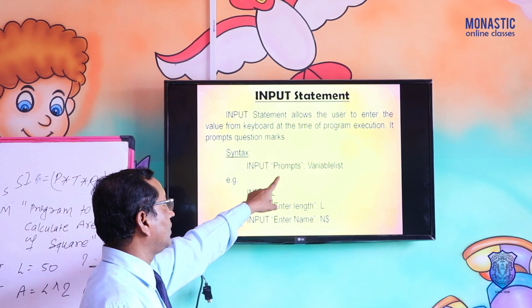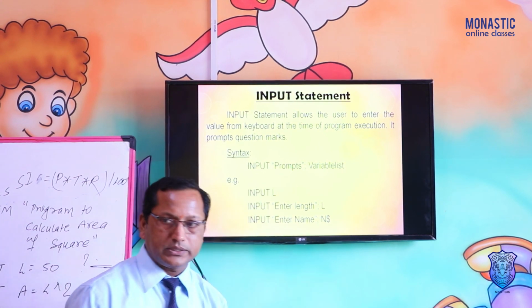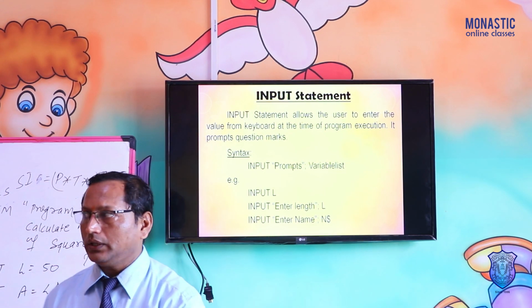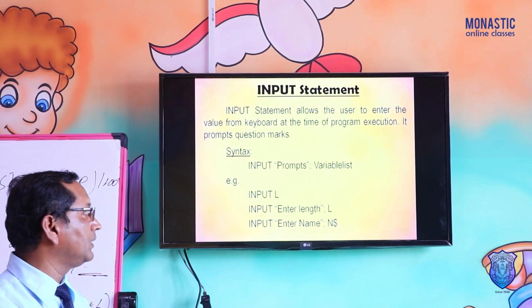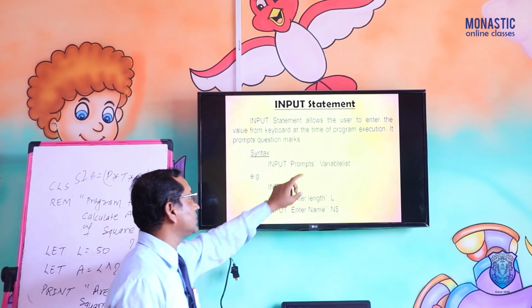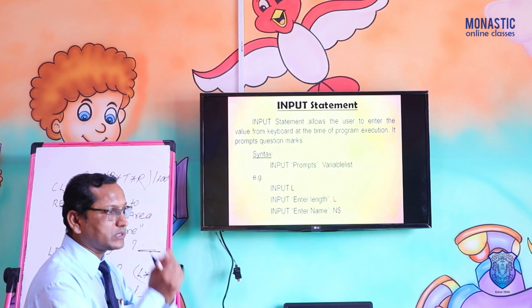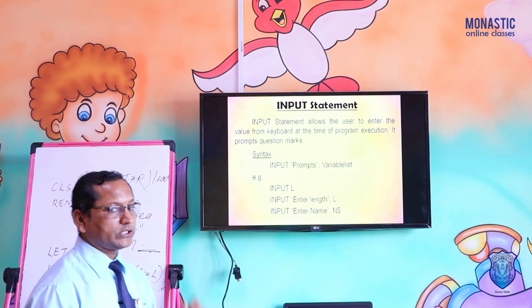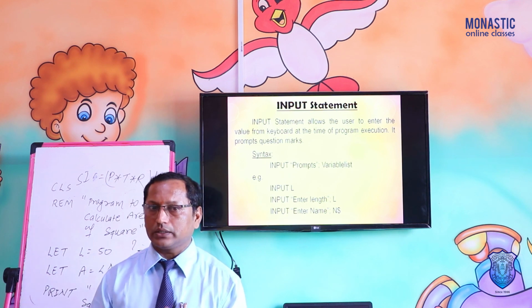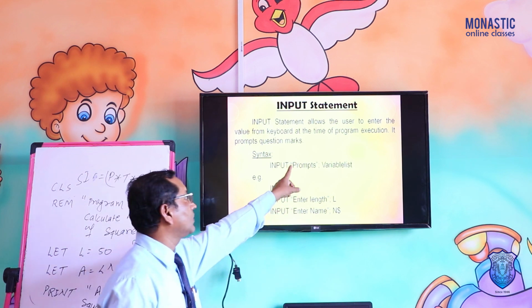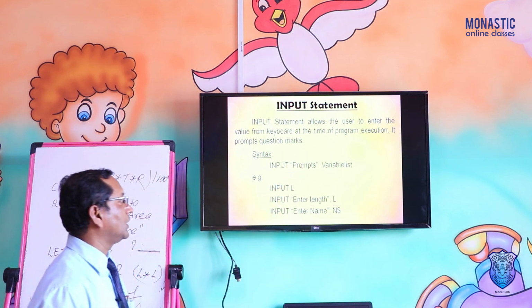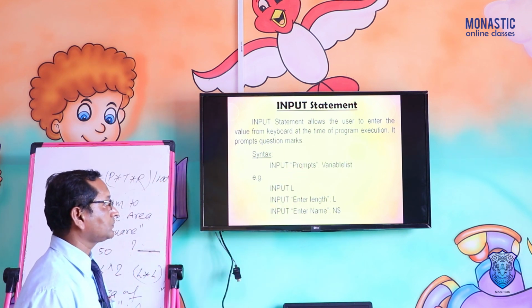INPUT, then a prompt. Prompt means the question: what you will enter, what you will ask. That prompt should be mentioned here, and the prompt should be in double quotation marks. That is compulsory. For the REM statement, I told you double quotation marks are not compulsory, because the REM statement is a non-executable statement. But here the double quotation mark is compulsory for the prompt.